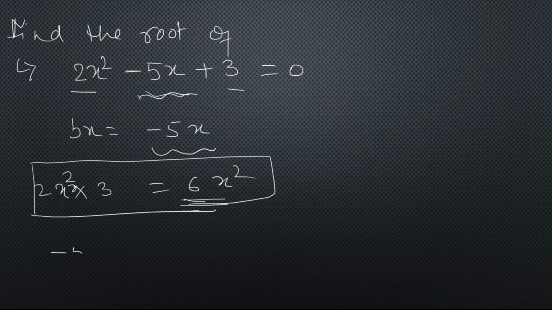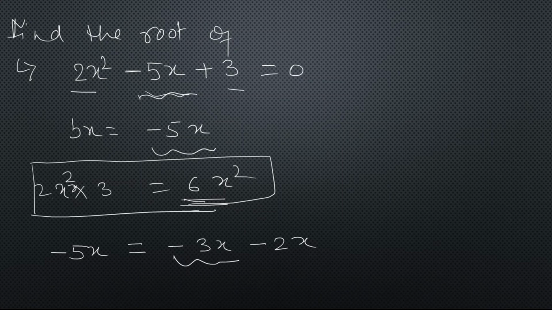So, what we will do? 5x is equal to, we can write minus 3x minus 2x, right? 3 plus 2, 5, and minus 3x plus 2x, 5x. So, this is okay, right?